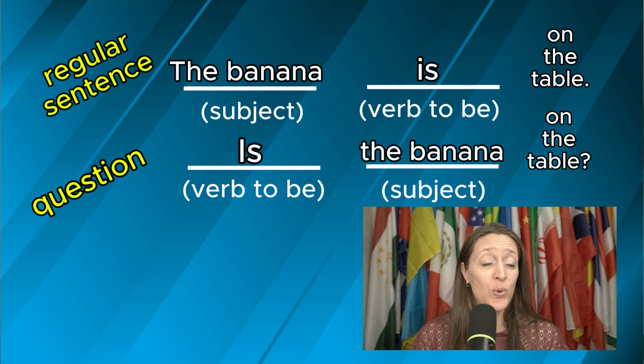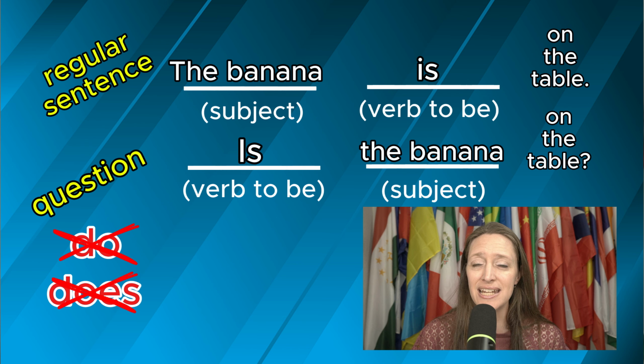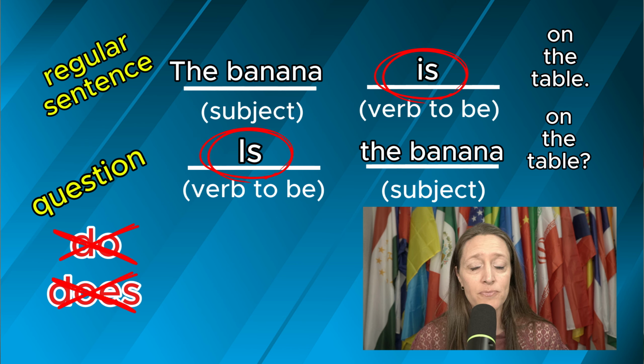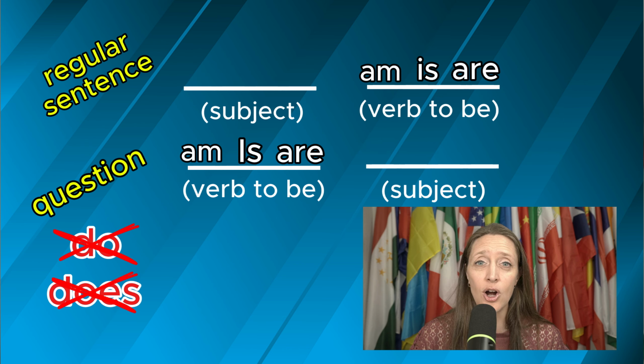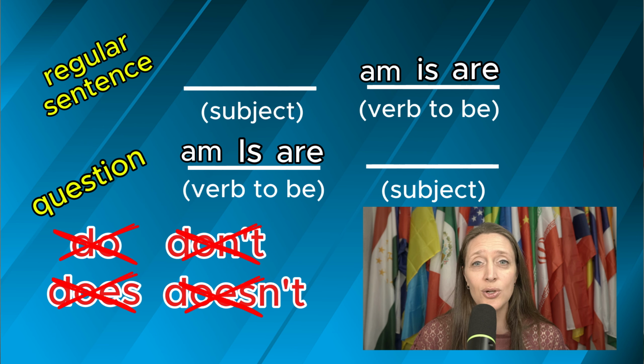In English, we never use the word do or does in a sentence or question with the verb to be. So if you use the word am, is, or are, you never need the word do or does. You never need don't or doesn't. You never need didn't.